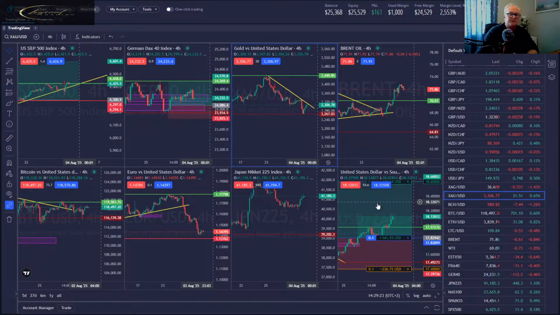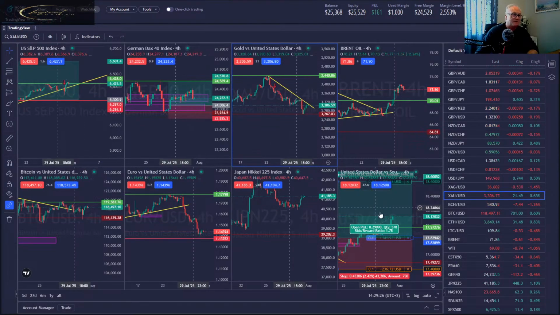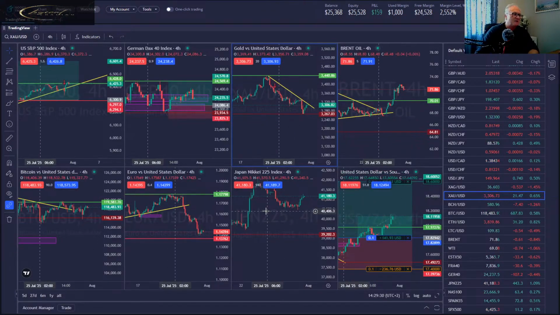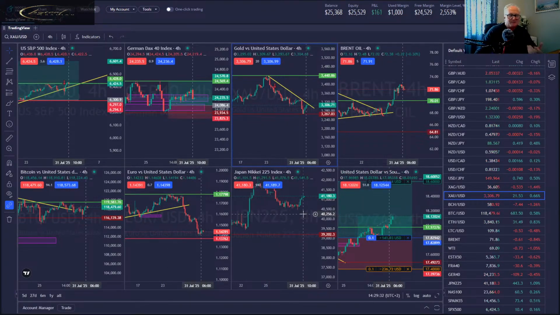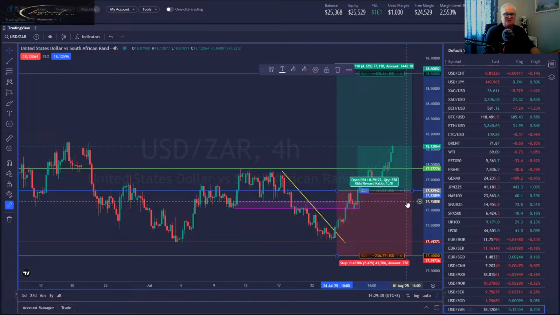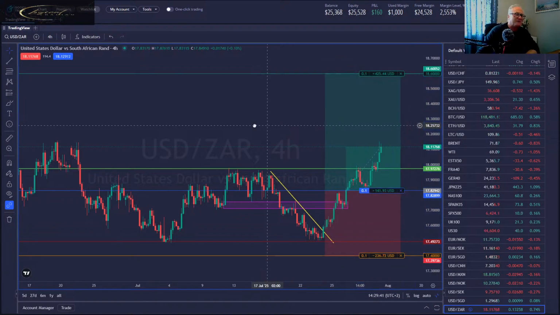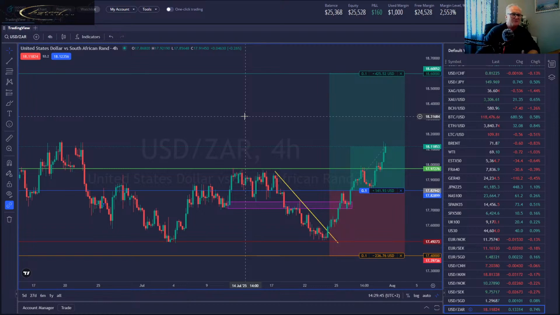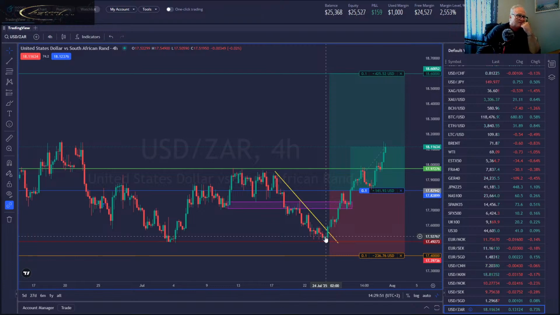Apart from, I do get married to certain trades like this United States dollar, South African rand. I got married to this trade based on fundamental reasons. That you might do that. That can be considered a bias as well, but it's a reasonable bias. I call it reasonable because it's my bias, but it's a reasonable bias and it's worked out. For me, fundamentally, for the rand to be this strong is just insane down here.